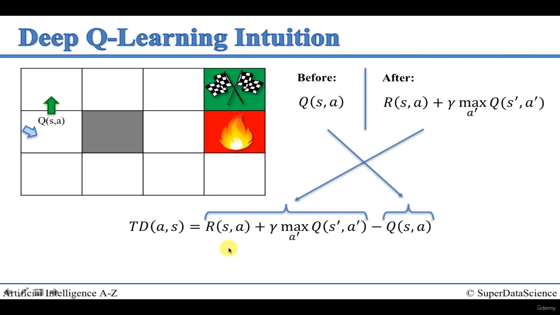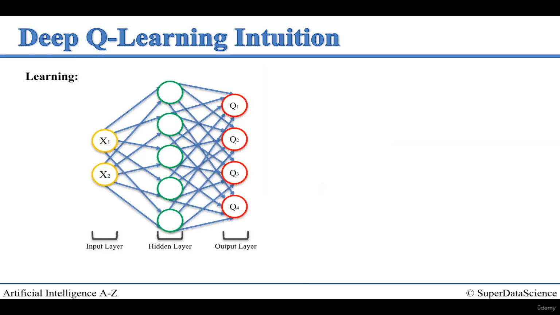There's no surprises. As long as this temporal difference is highly positive or highly negative, then we've got some surprises. But if the temporal difference is 0, then he knows the environment so well that he can predict what's going on, and therefore his policy is going to be very good, and he's going to be able to navigate it.